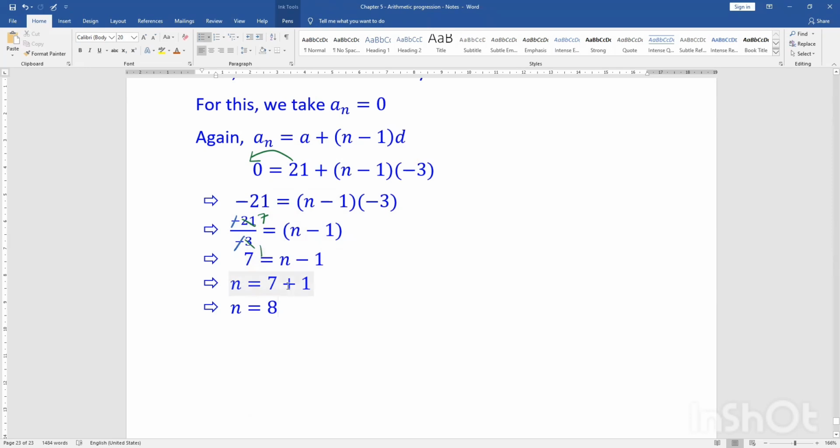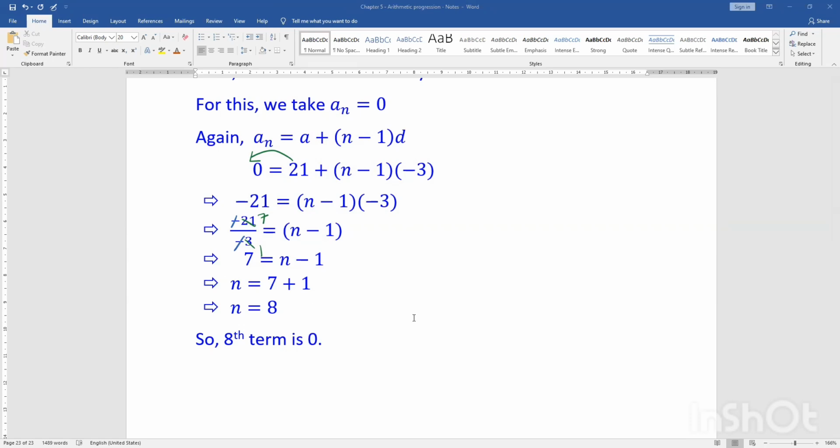So I'm going to write that as n is equal to 7 plus 1, or n equals 8. So that's our answer. What did you understand from this? This means the 8th term is 0. That's the meaning of this particular question.